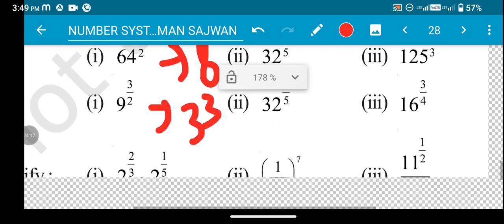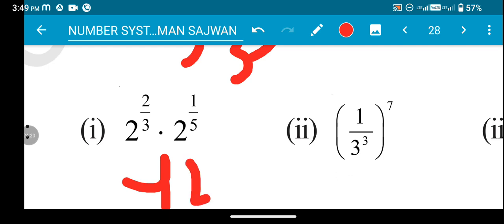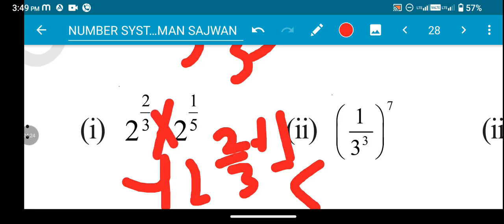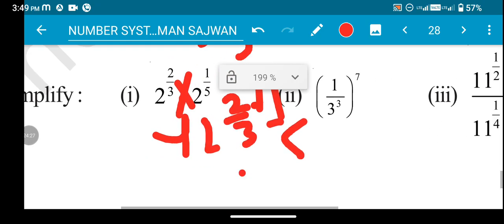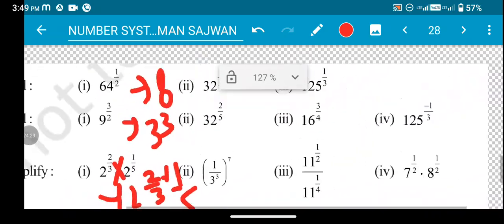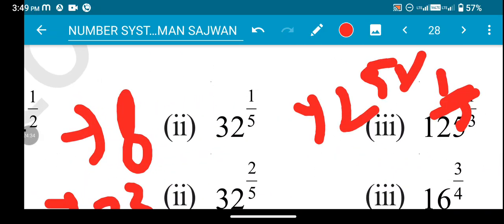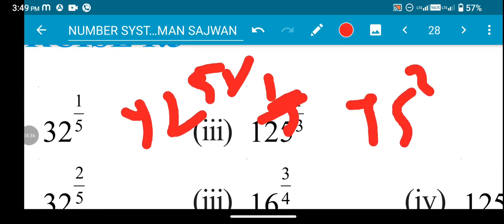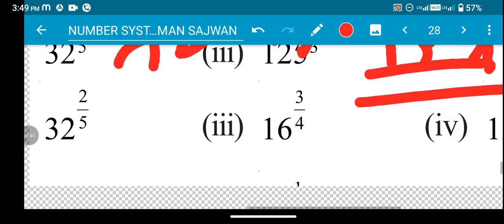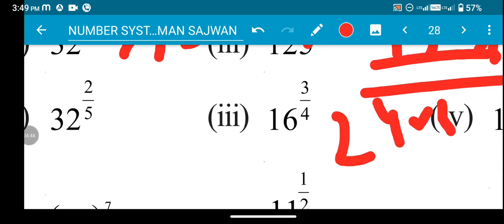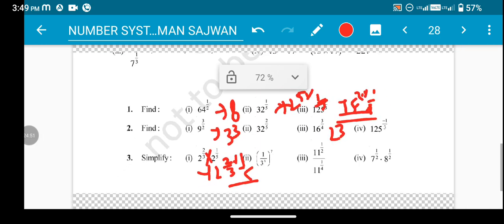After that, this question: 2 by 3 plus 1 by 5. Here this dot means multiply. Okay, you just have to take an LCM. I am doing 2 to the power 5 into 1 by 5. 5 cancels out. 5 cube into 1 cube, answer will be 5. 2 raise 4 into 3 by 4, answer will be 2 raise 3, and later you can solve it out.